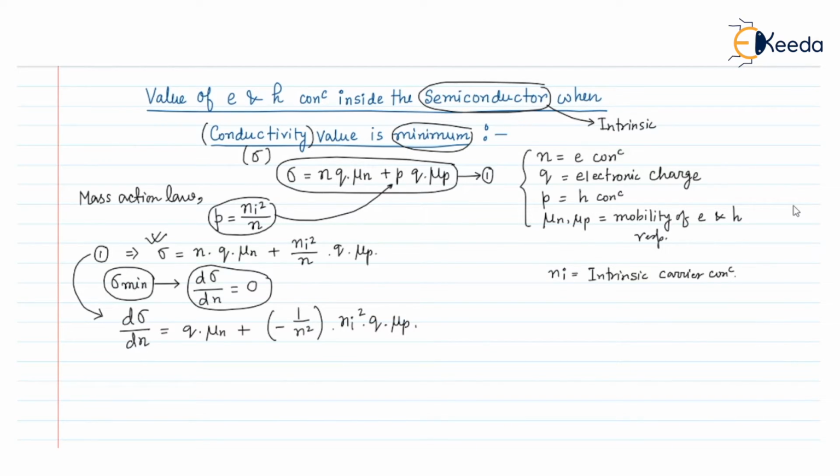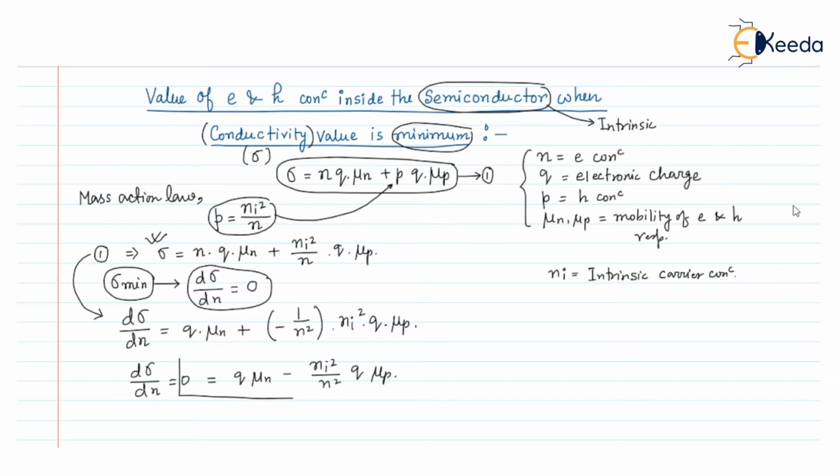Now to find the conductivity minimum, we put d sigma by dn equal to 0. That means 0 is equal to q mu n minus ni square divided by n square into q mu p.